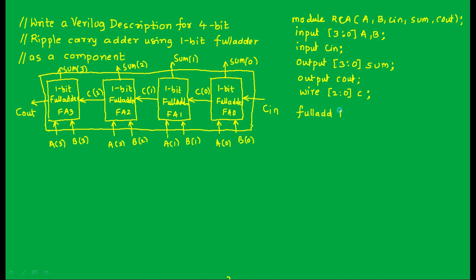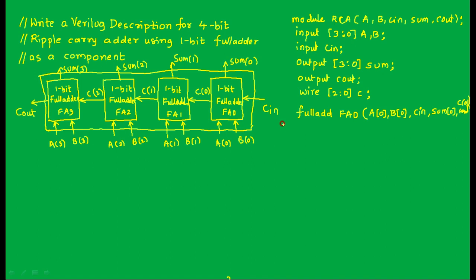For the first instance, the instance name is given as FA0 and the actual signals that you are giving as input are A of 0, B of 0, and Cin. For the first component, A of 0, B of 0, Cin are inputs, sum 0 and C of 0 are outputs.